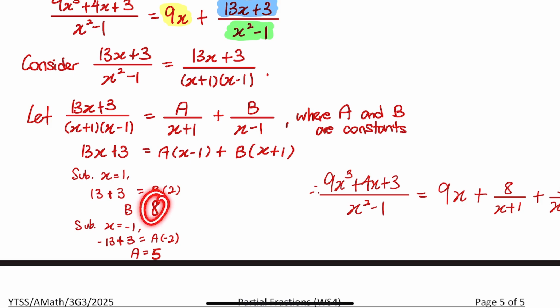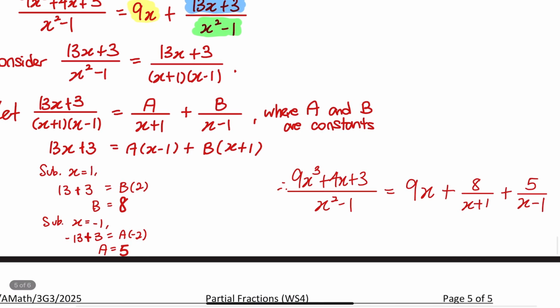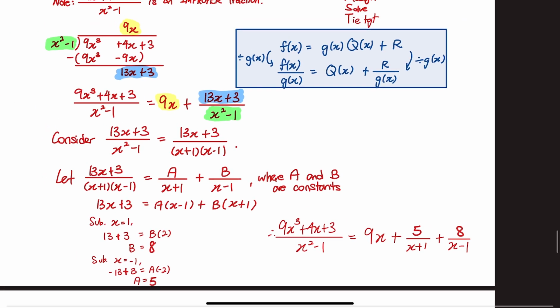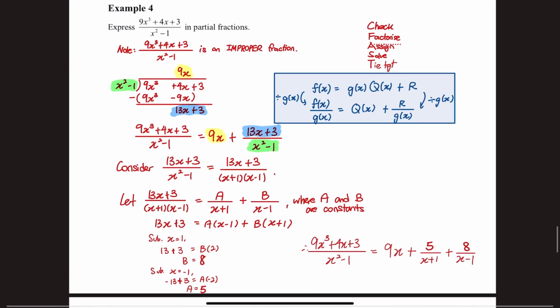Therefore, your final answer should be 9x plus 5 over x plus 1 plus 8 over x minus 1. And that's your final answer to example 4.